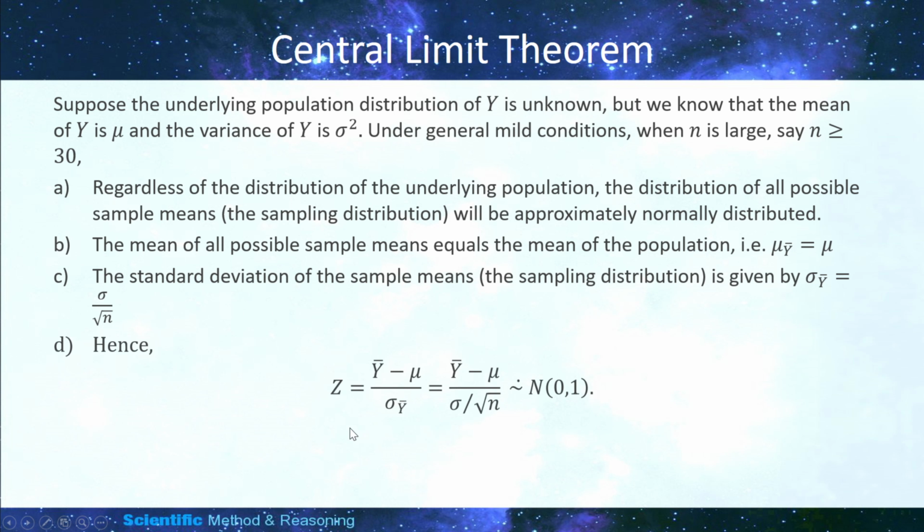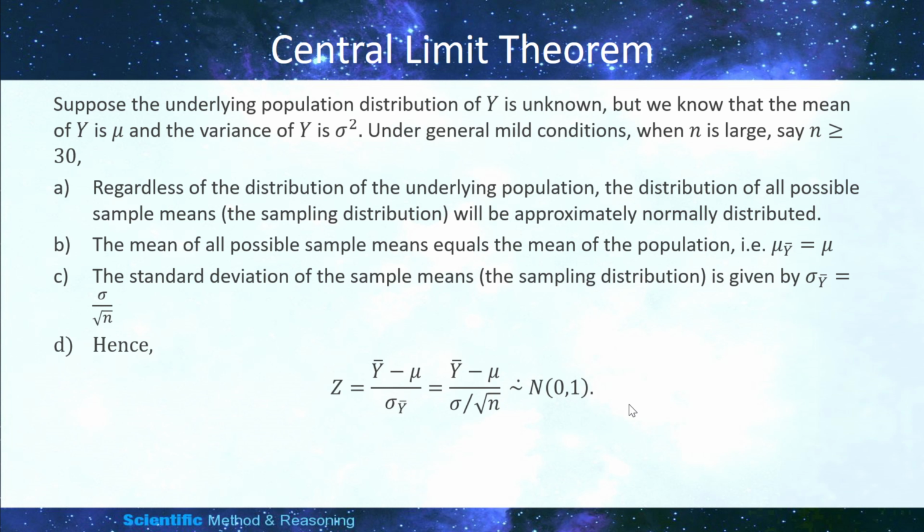And therefore, we have the z transformation: the random variable y bar minus its mean, which is mu, divided by its standard deviation, the square root of its variance. The variance of y bar is sigma squared over n, so the square root would be sigma over root n. The central limit theorem simply says that this transformed variable follows approximately, the dot stands for approximately, a standard normal distribution, and that is why the normal distribution is so important.